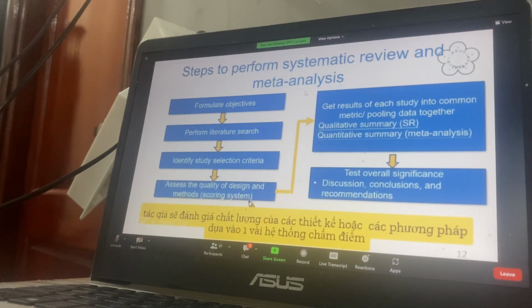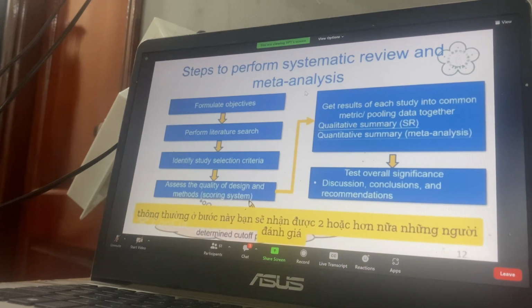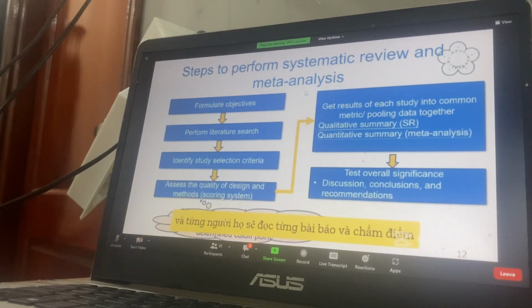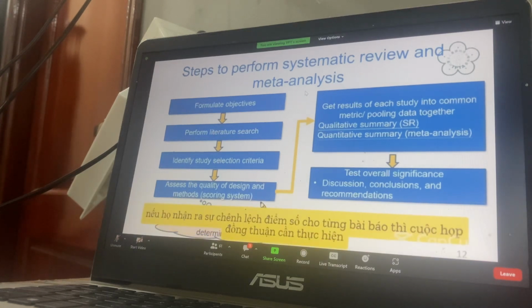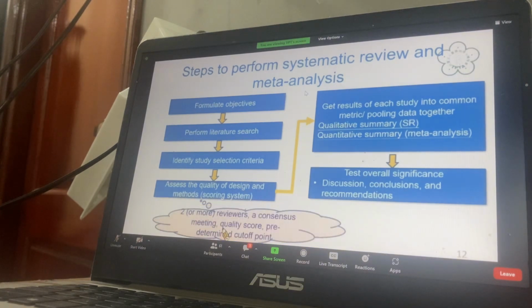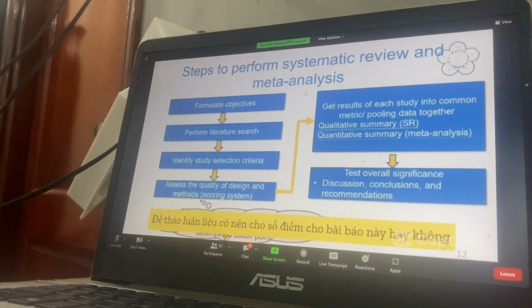Next, the authors will assess the quality of the design and method, and give it a score based on some scoring system. Usually at this part, there will be 2 or more, sometimes I have seen 3 reviewers, and each of them will give each individual article a score. And if they find that the scoring is different, then a consensus meeting is needed to discuss whether this study gets that score or not.